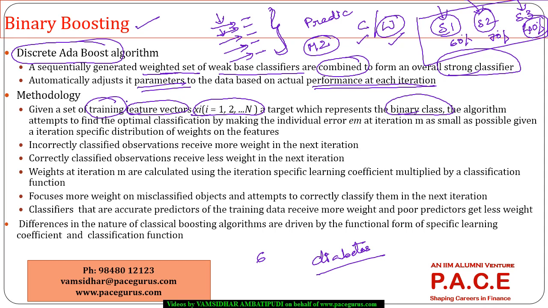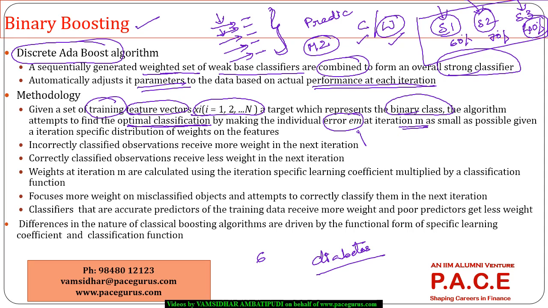Now, the role that is being executed by this algorithm is it will try to find an optimal classification, the best possible classification, by making an individual error. So we are talking about an error at each iteration.